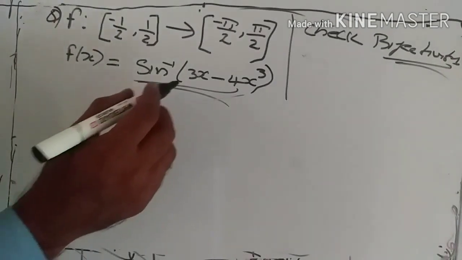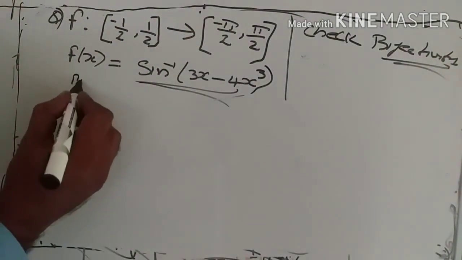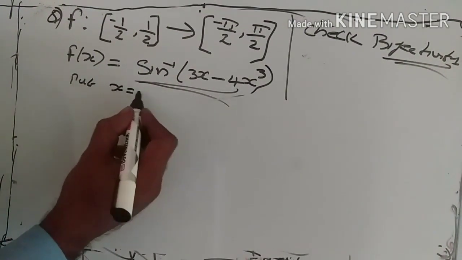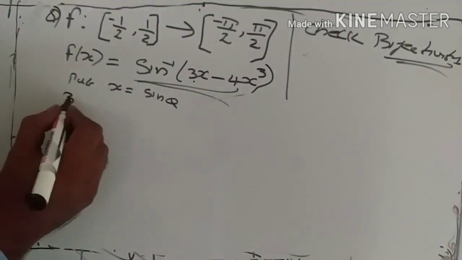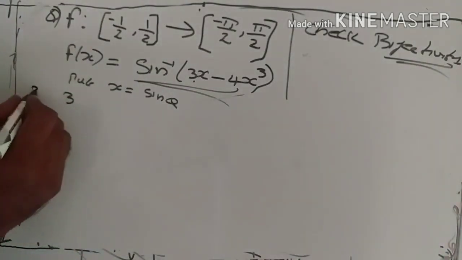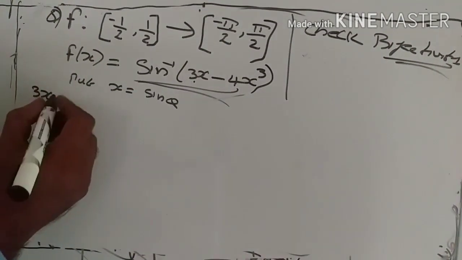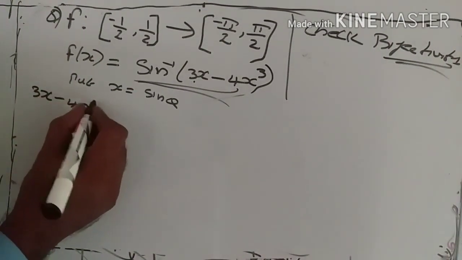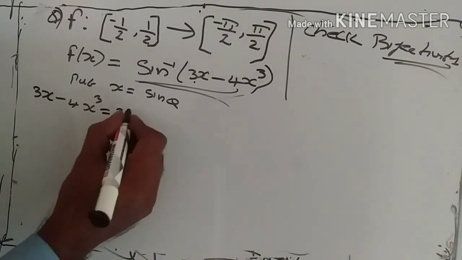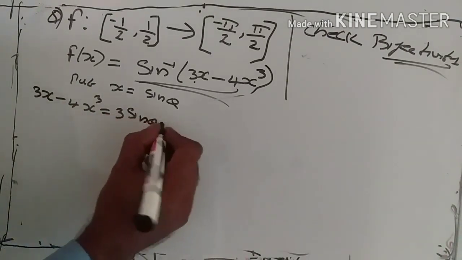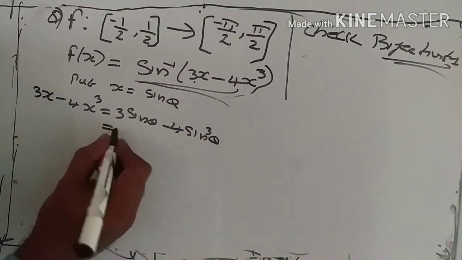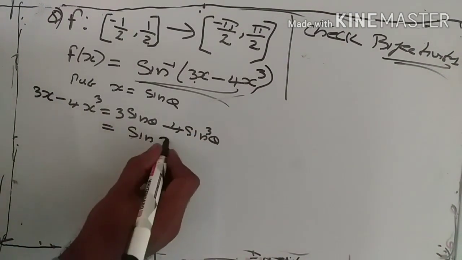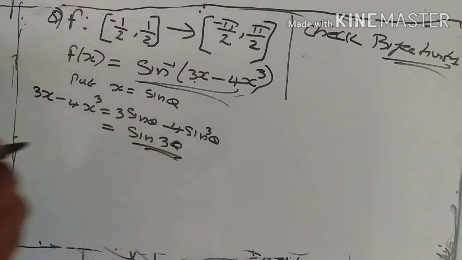For this function, put x equal to sin theta. So 3x minus 4x cube is equal to 3 sin theta minus 4 sin cube theta, that is equal to sin 3 theta.